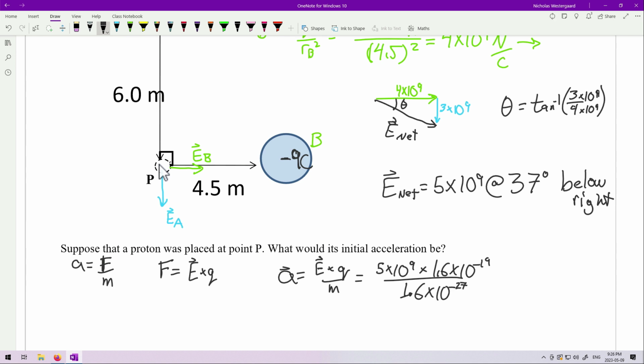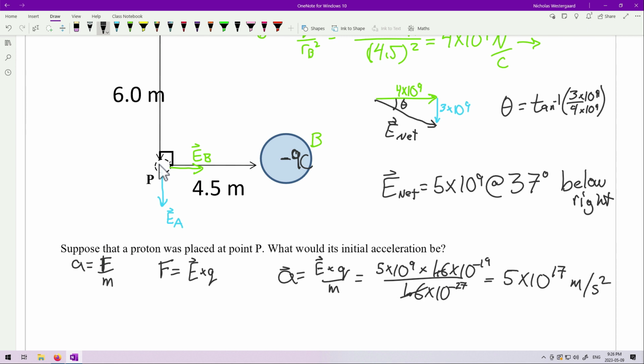The 1.6's cancel, so I have 5 times 10 to the negative 19 minus negative 27, that's 8, so I believe that's times 10 to the 17. Again, feel free to double check my work. So 5 times 10 to the 17, and this was acceleration, so this is meters per second squared.